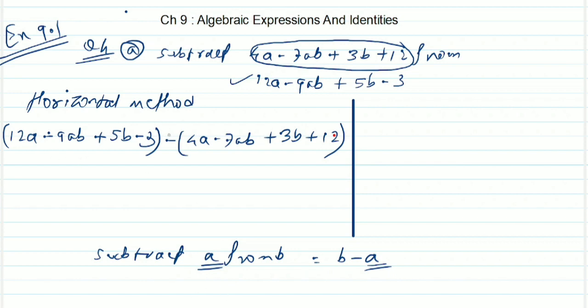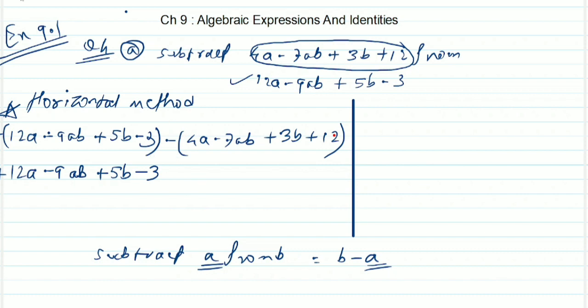So now the first step is to give the brackets and write the subtraction. Now, what is the sign in front of the first bracket here? There is no sign, that means it's positive. So whatever the signs are inside the bracket, we will keep the signs as they are. We are not going to change any sign of any term in the first bracket.